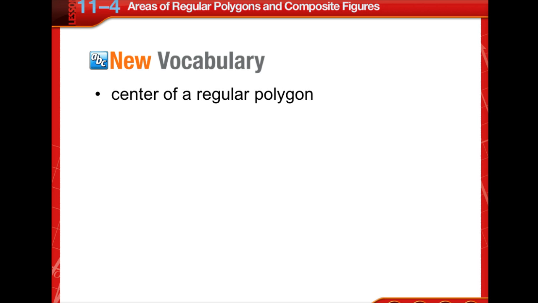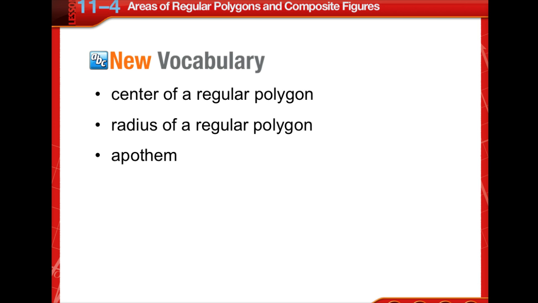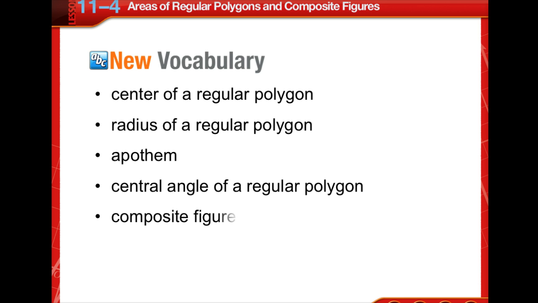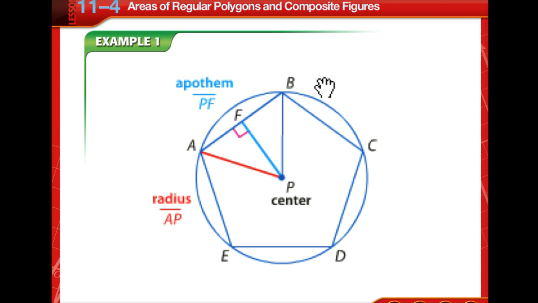We have some new vocabulary: the center of a regular polygon, radius of a regular polygon, apothem, central angle of a regular polygon, and composite figure. In this figure, a regular pentagon ABCDE is inscribed.